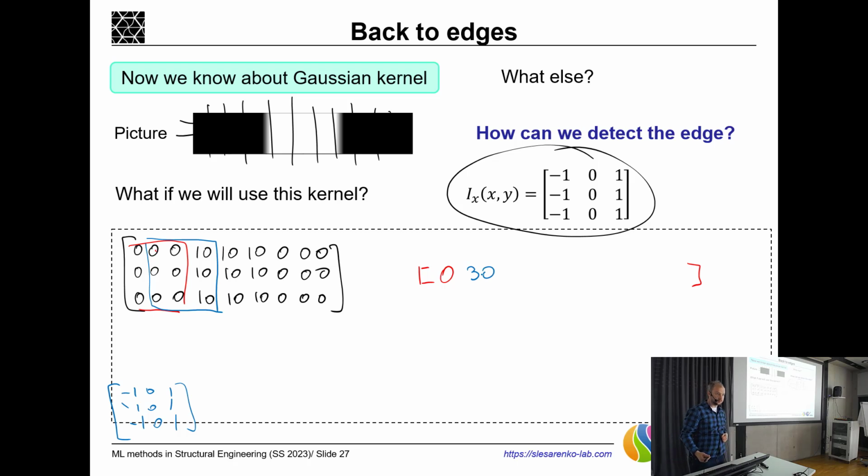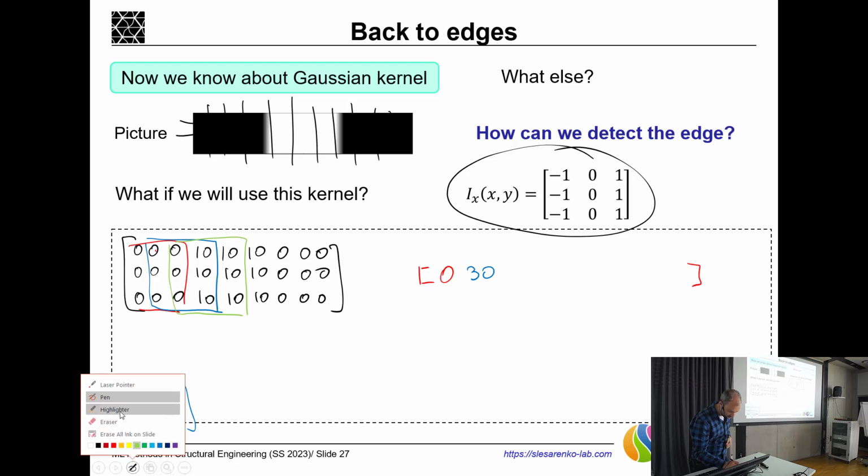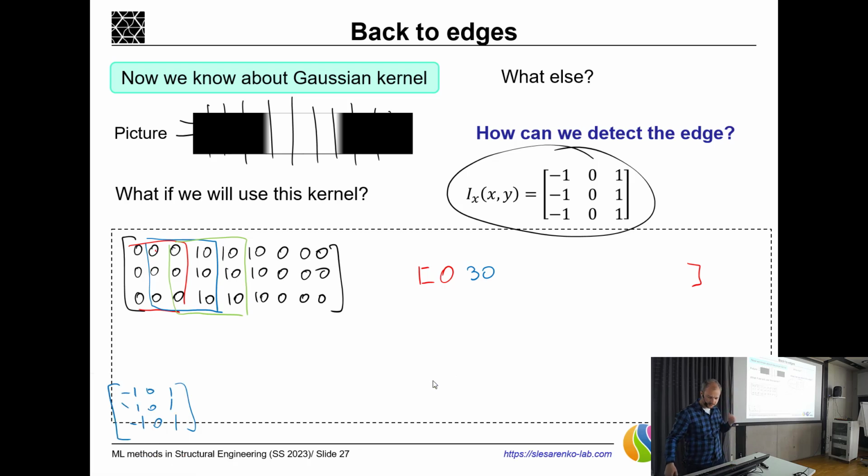Do you see why it's 30? Good. Now I will use another color and move here. What will I get here? Again 30, yes, it doesn't change.